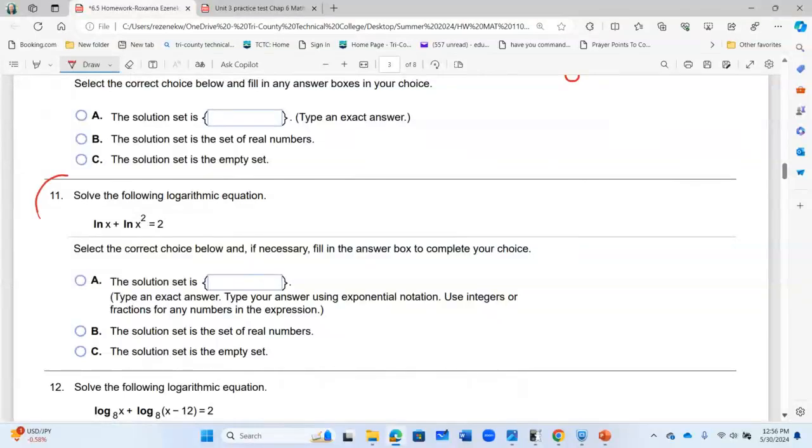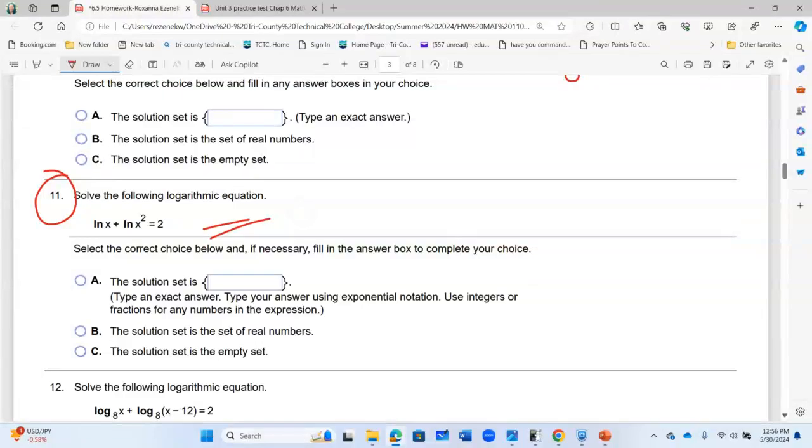In number 11, we see a different kind of problem and we want to see how we can tackle this. Okay, how do we tackle that? First of all, I have a natural log on both sides. So I can exponentiate all of them this time.